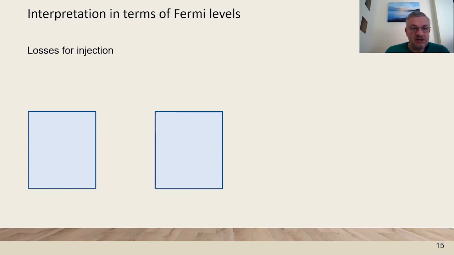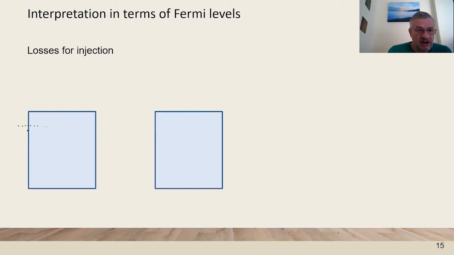From this interpretation of the gradient of the Fermi level that is required to drive a flux, we can analyze the different mechanisms of energy losses for the charge transport. So the first case is when we want to inject carriers.